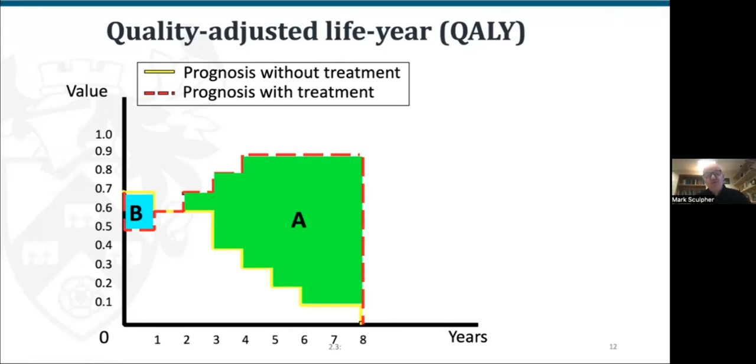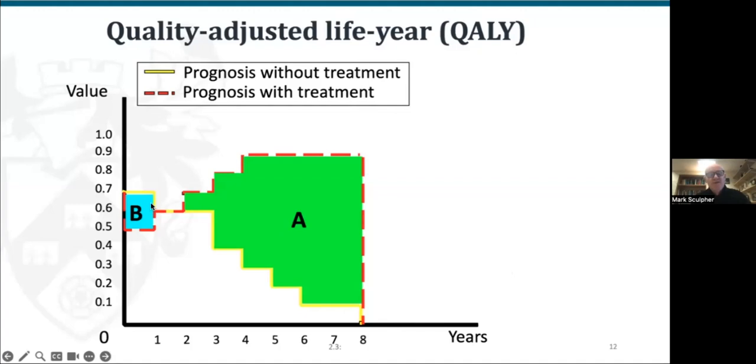So the first thing to note about this comparison of prognoses, average patients with and without treatment, is that there is no extension in life expectancy from treatment. Patients on average die at the same point in time.